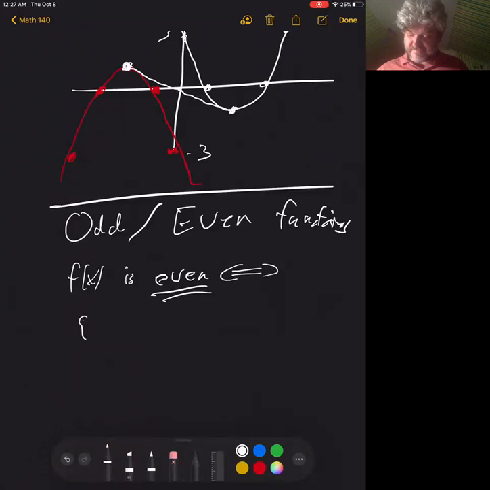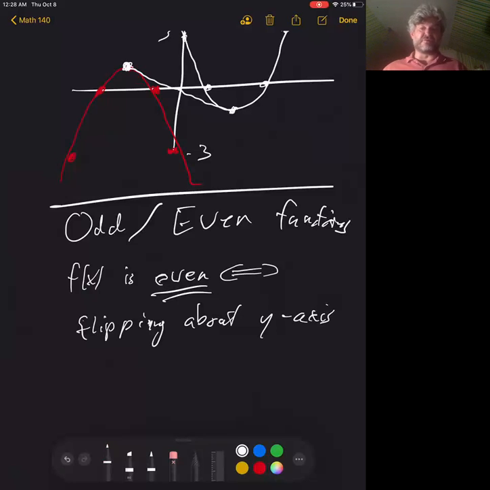So flipping about the y-axis leaves the graph alone, or you obtain the same graph.